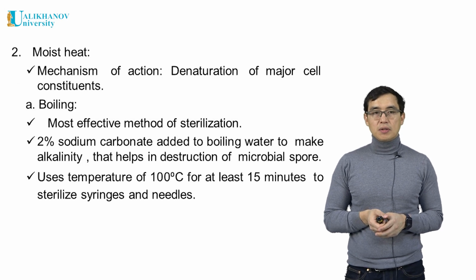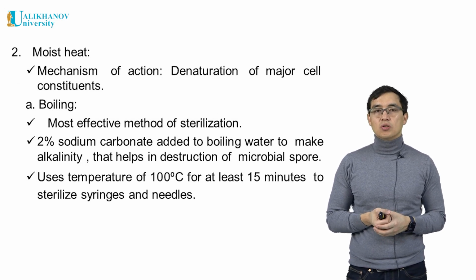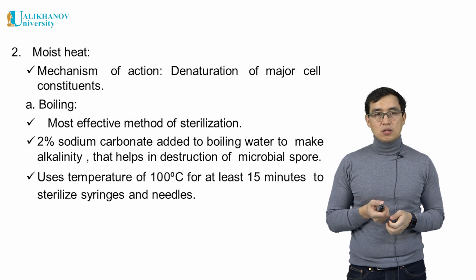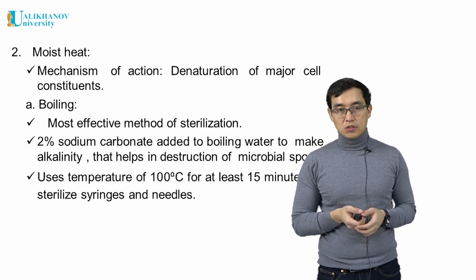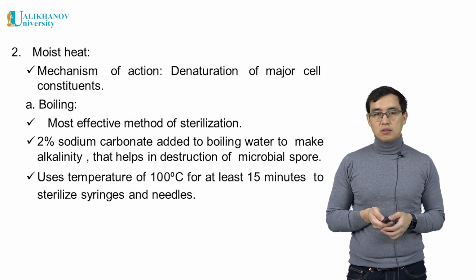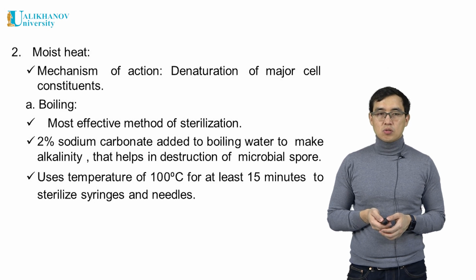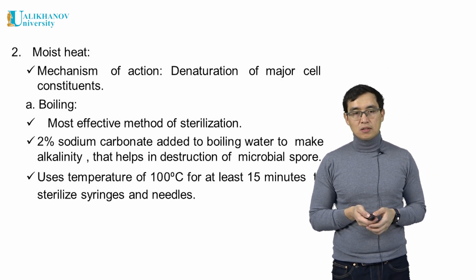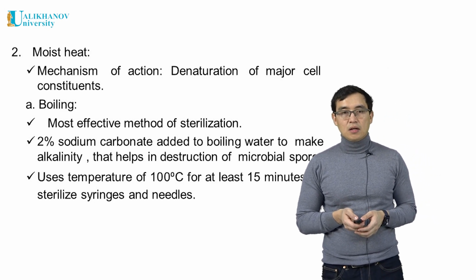Moist heat's mechanism of action is denaturation of cell constituents, and it includes boiling, of course. It uses a temperature of 100 degrees for at least 50 minutes to sterilize syringes and needles.